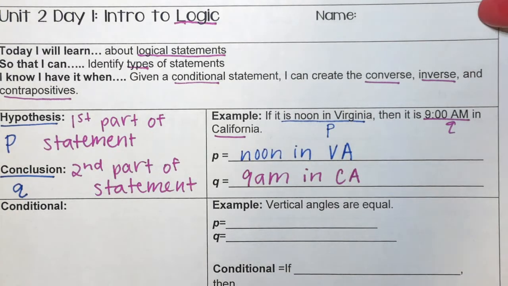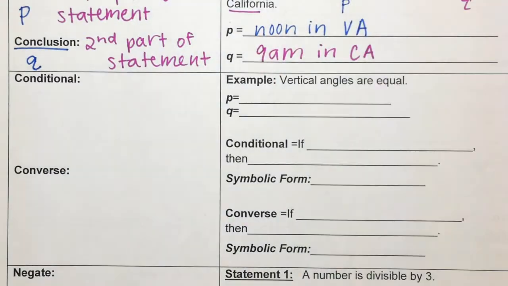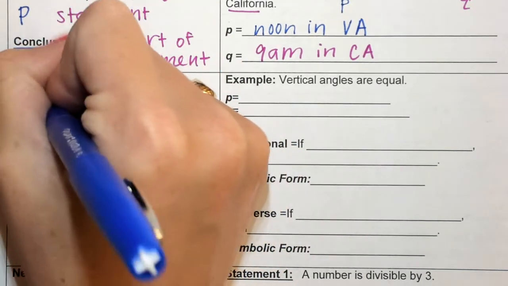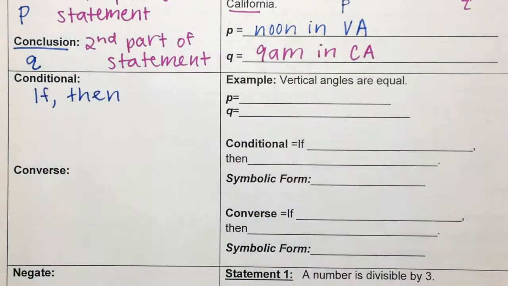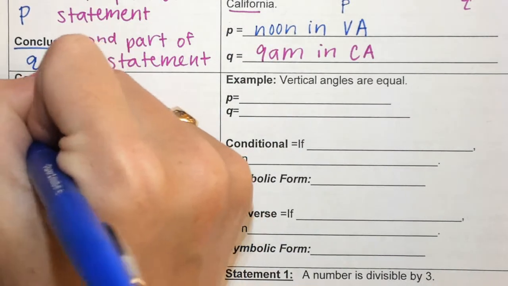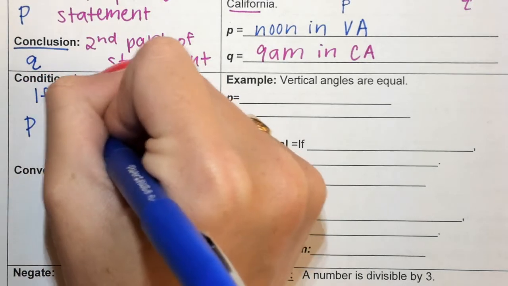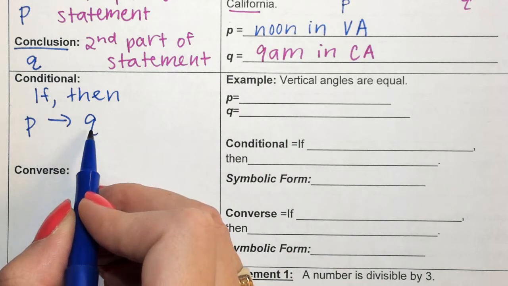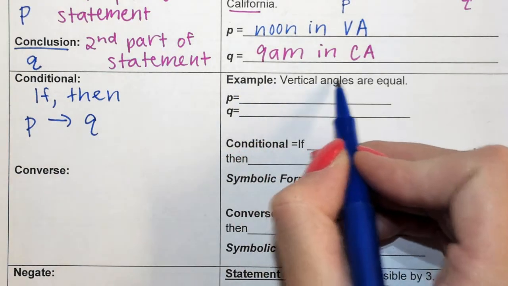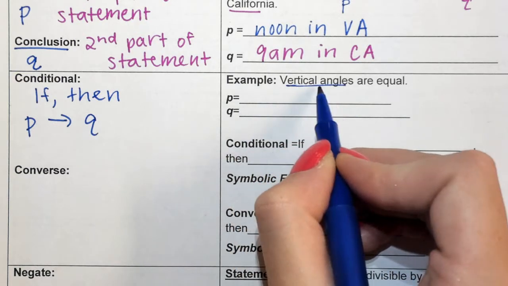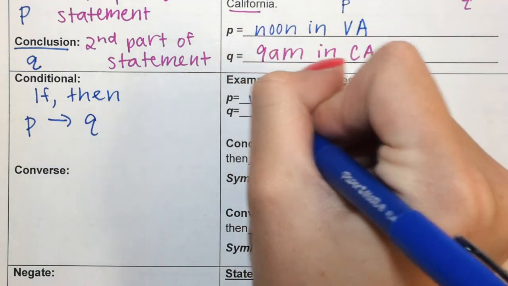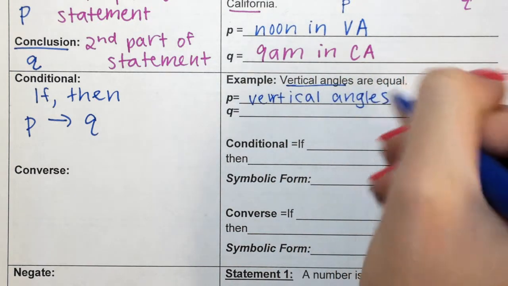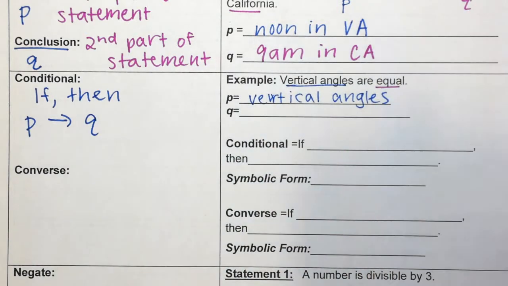Alright, now let's look at those different types of statements. So up next we have a conditional statement. So your conditional is just an if-then statement. So the symbolic form is going to be P with an arrow Q. So it uses that hypothesis and conclusion from above. So our example here, vertical angles are equal. Well, vertical angles is going to be our P. And then Q is equal.